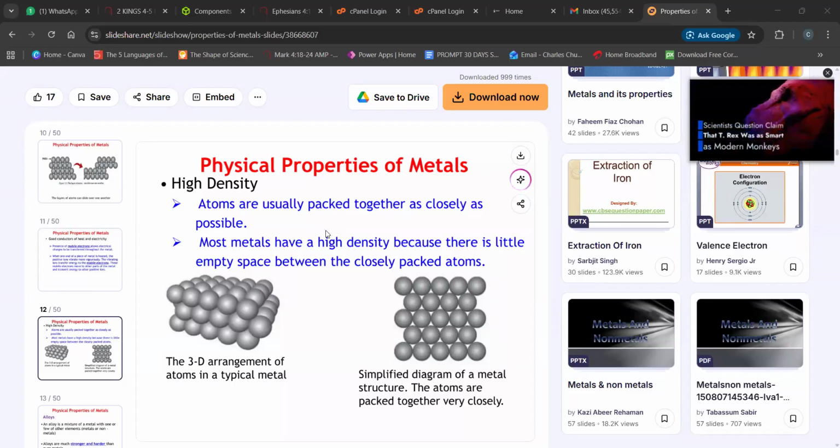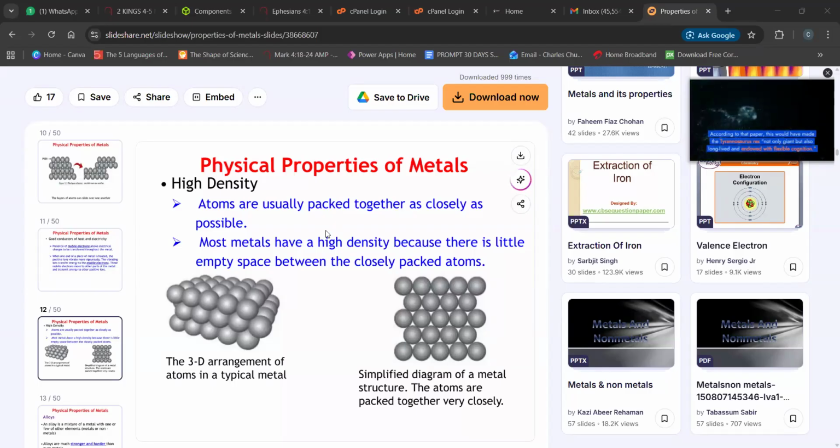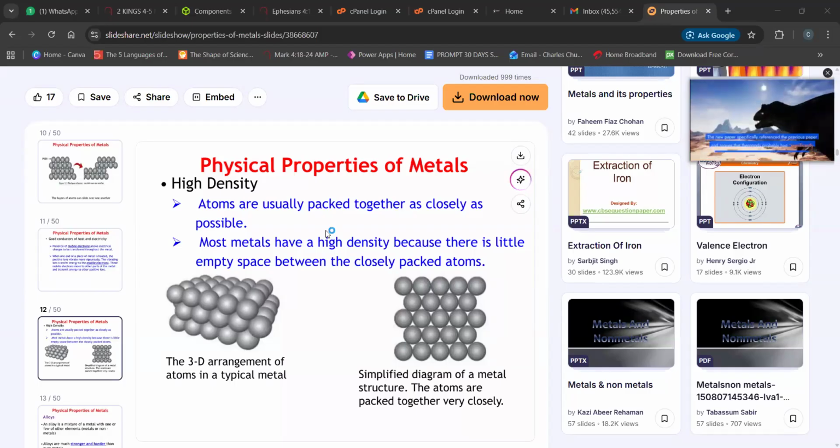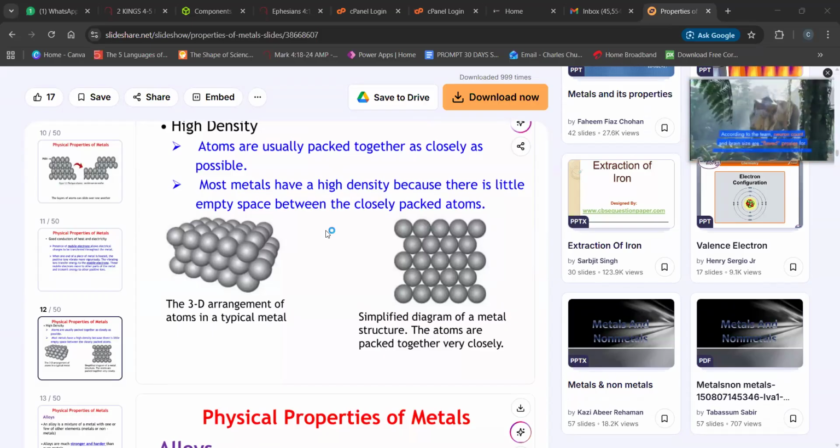Just look at the structure of metals: the atoms are packed together as closely as possible. Because of that, you have high density as a property of metals. There's very little space between the closely packed atoms, and all that makes for the high density of metals.